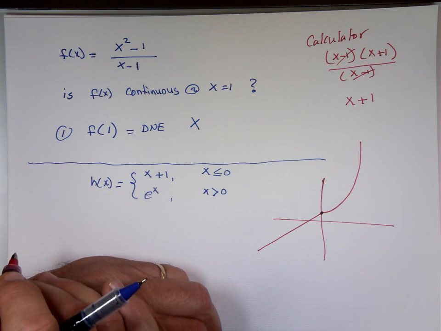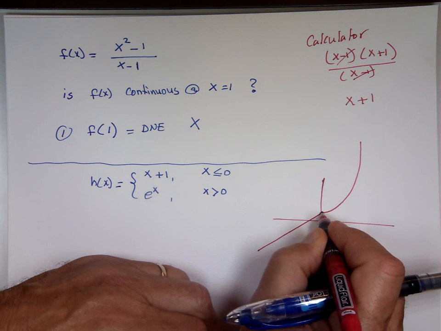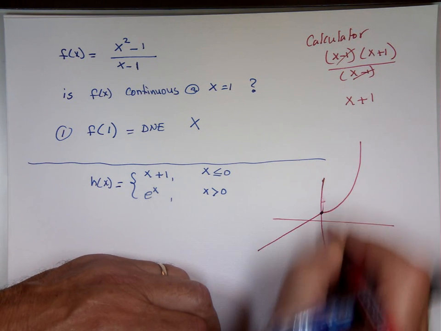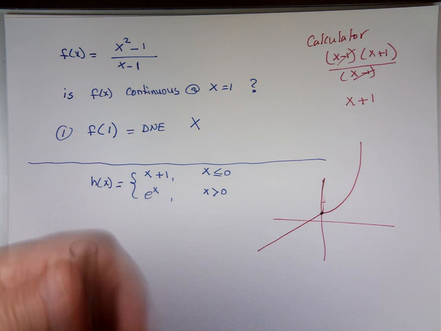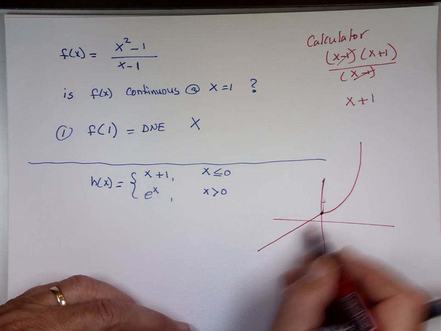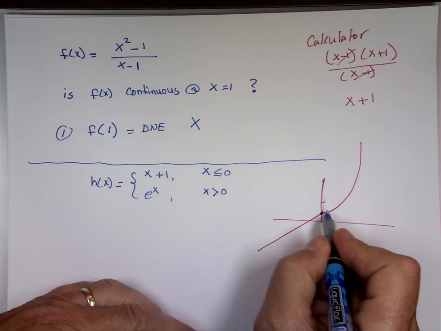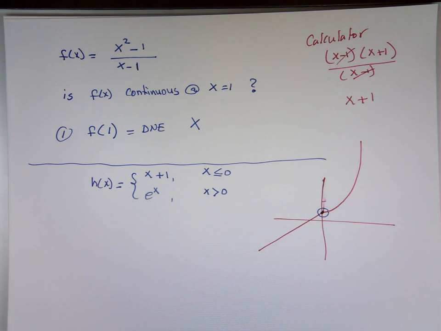Exponential function. The only question is, does e to the x start from that point, or does it start higher, does it start lower, and there's a gap? I'm not sure. So this by itself is continuous, this by itself is continuous. My question is right around the 0, right there. Do we have a hole or not?